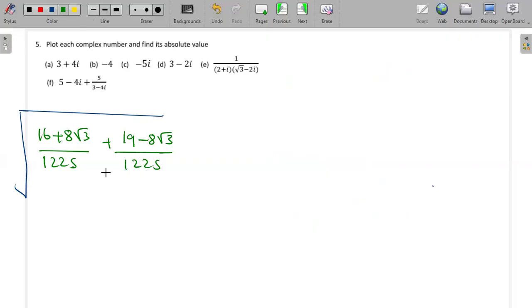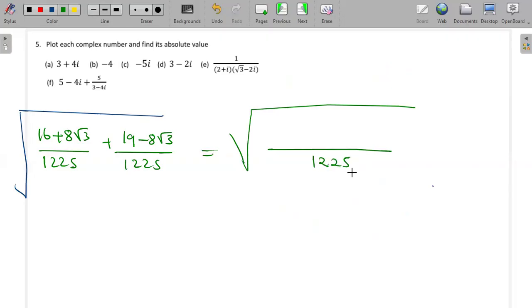Since they have the same denominator, I can keep that base, so this will be equal to the square root of 1225 in the denominator, and I can add what's in the numerator. So I have 16 plus 19, then plus 8 root 3 minus 8 root 3, which becomes 0. 16 plus 19 gives me 35.